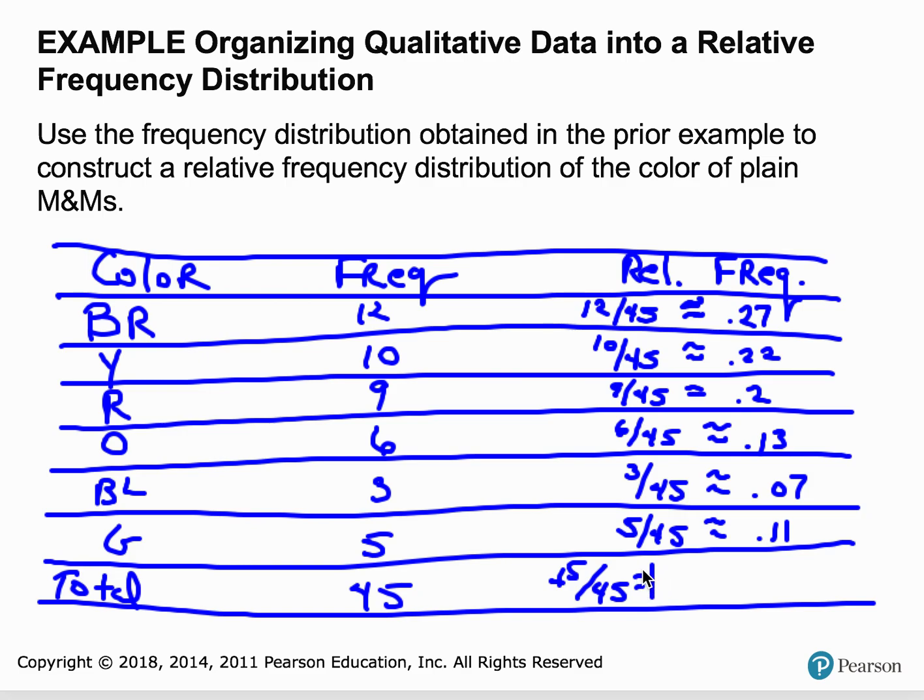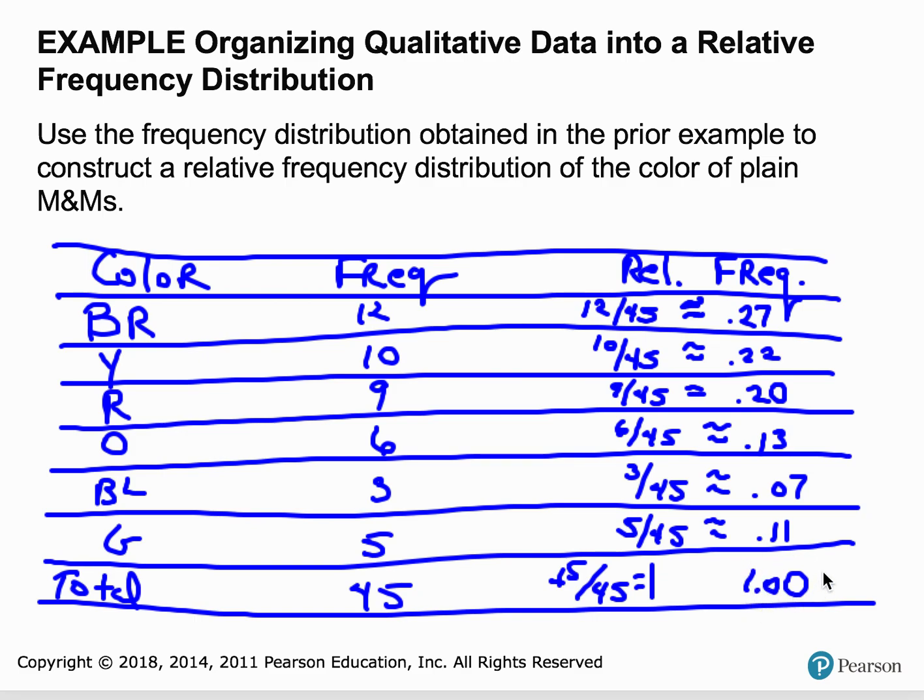If we only listed our decimal approximations and we add those up, let's look what we have here. 11, 13, oh, look at that. 2, 4, 6, 7, 8, 9, 10.